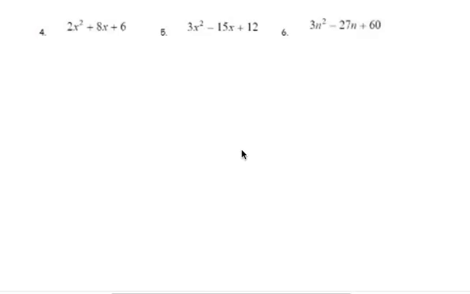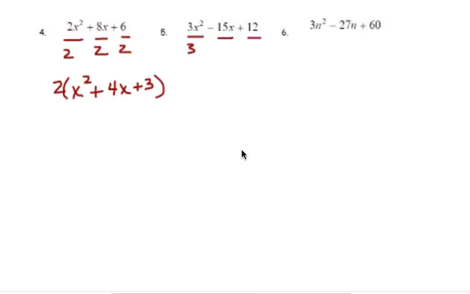Number 4. Each one of these can divide by 2. And I know I'm going quickly, but this is what we did yesterday. Okay, we're left with, in parentheses, x squared plus 4x plus 3. Very good. Okay, number 5. Divide by 3.